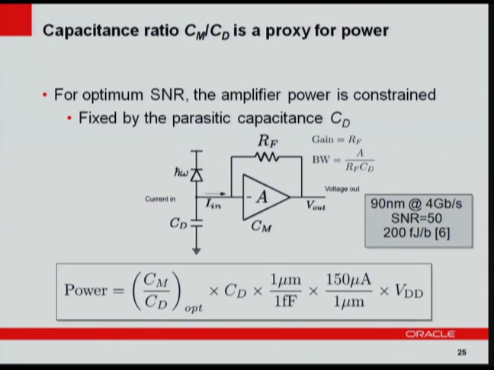This number increases slightly per technology node, and this is just the working voltage. And again, you need a design point to begin to use that SNR equation that I have. And here's a design point. So for 4 gigabits, same as before, and you're shooting for an SNR of 50, going through this gives you around 200 femtojoules per bit.